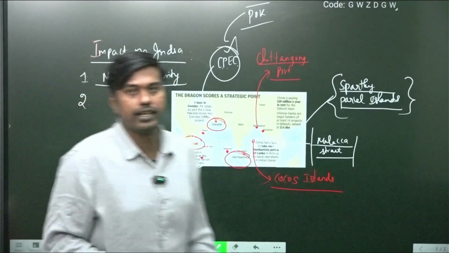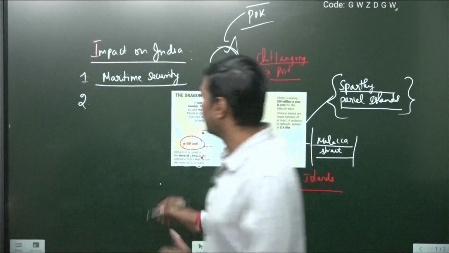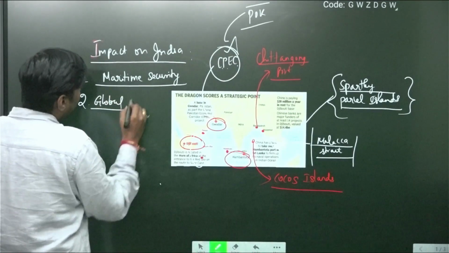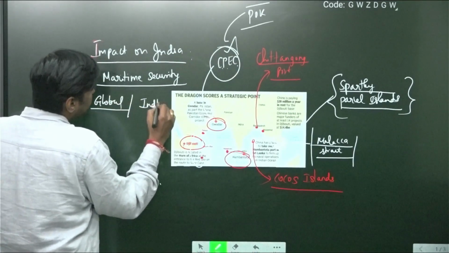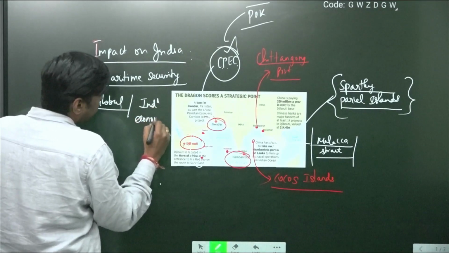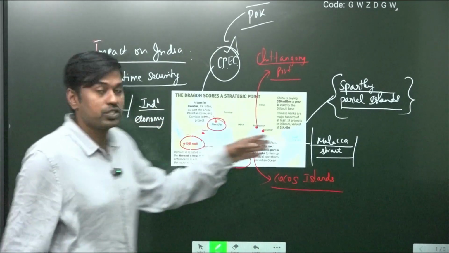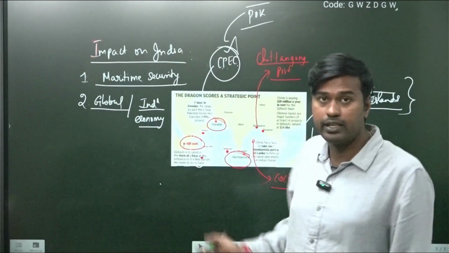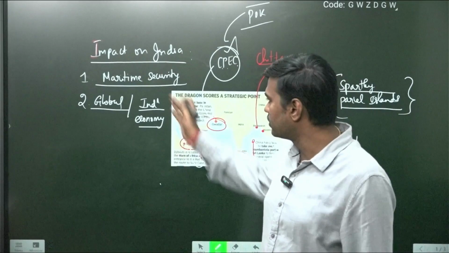The second thing, various scholars are also saying, is that it will affect the global economy and mainly the Indian economy. When it comes to the global economy, most of the trade activities, especially the oil trade, happen through the Malacca Strait, and if it is blocked by China, it will disturb the global economy.